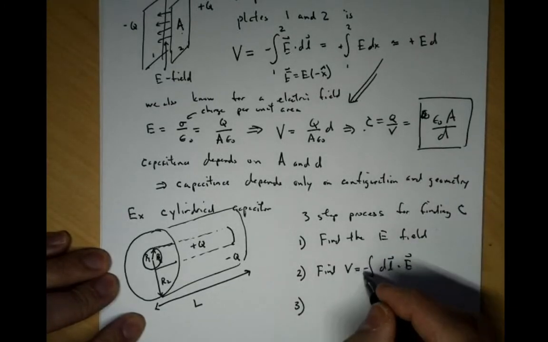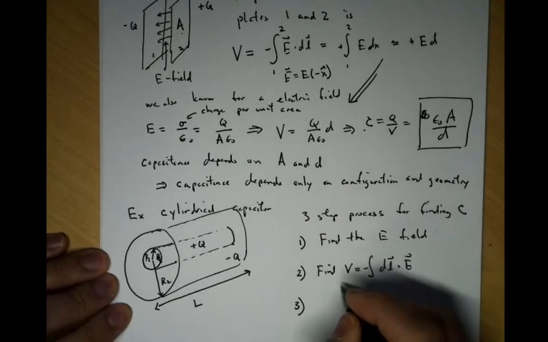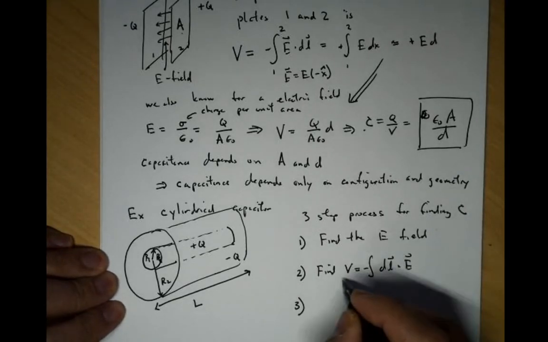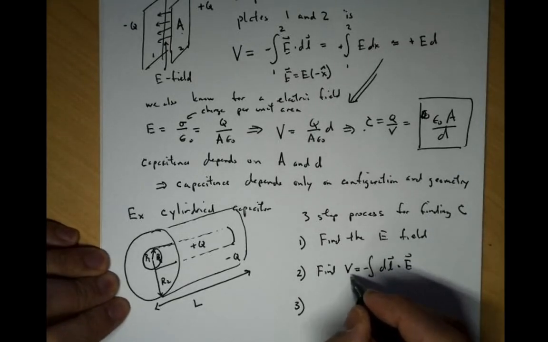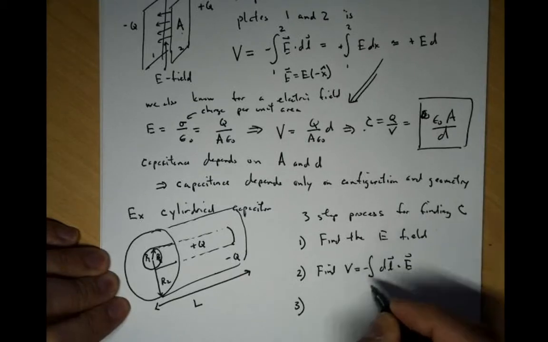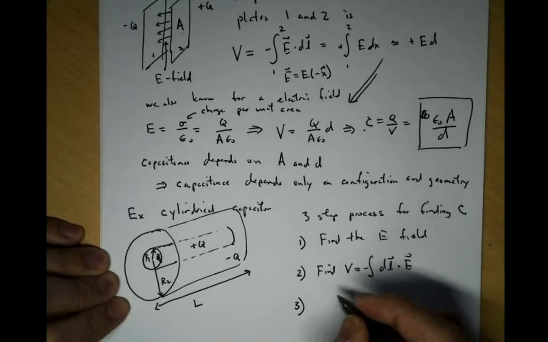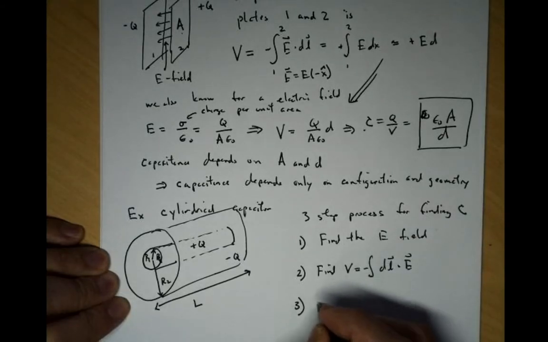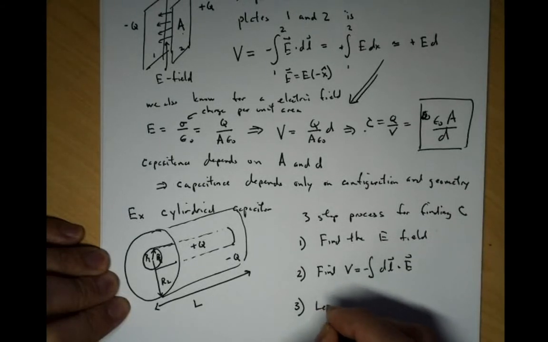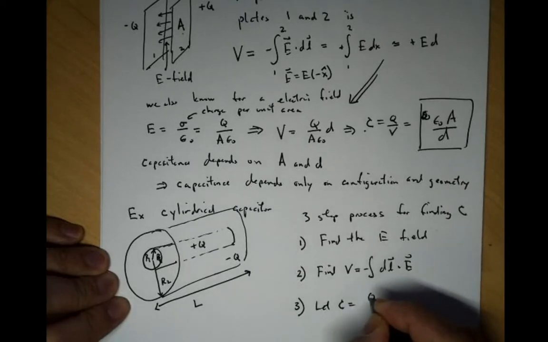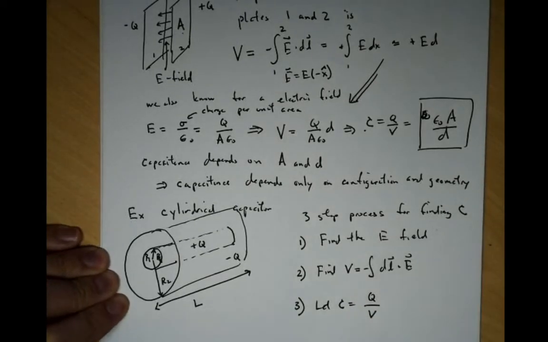Generally, you could ignore the sign because it's just going to work out. Inevitably, if you're very careful, you want to make sure V is positive, because capacitance C is a positive term. And finally, let C be equal to Q over V.